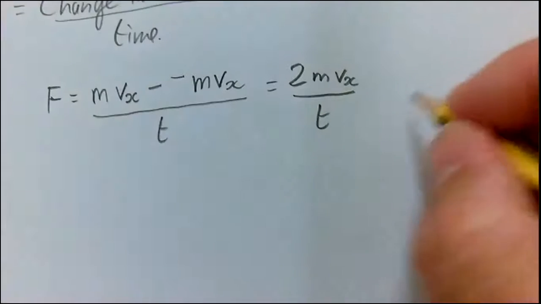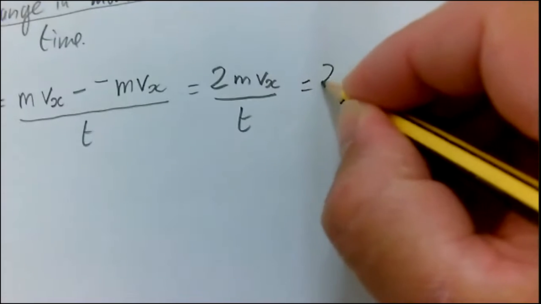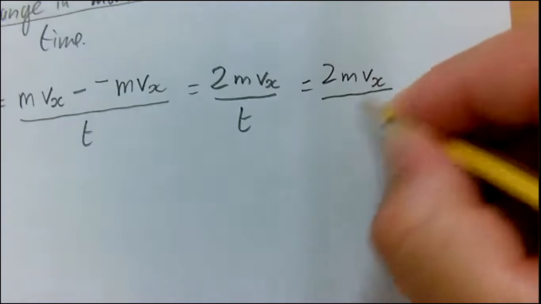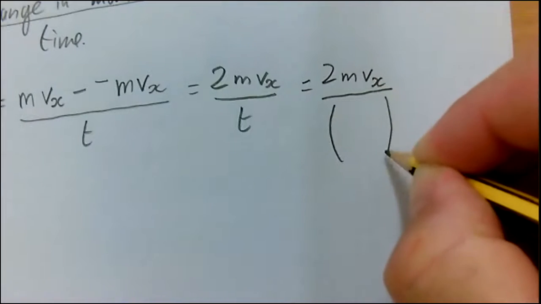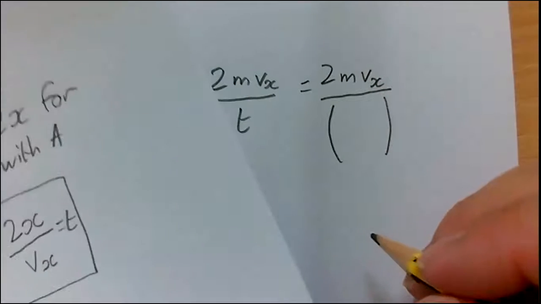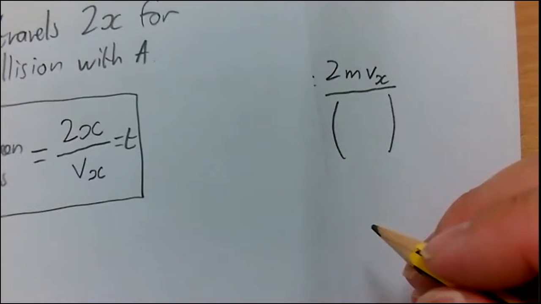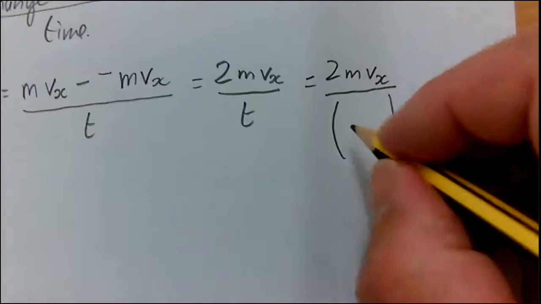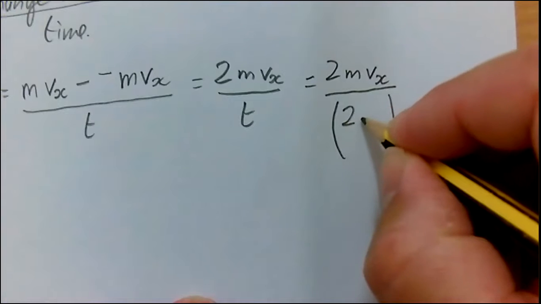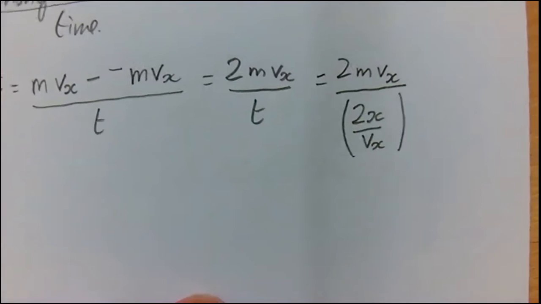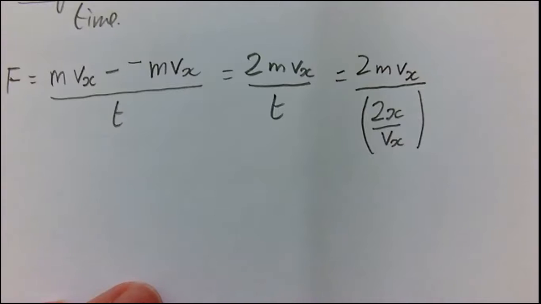So we end up with 2 times m Vx over, so the formula we had here, whoops, cluttered desk, is 2x over Vx. So it's going to be 2 times x over the velocity in the x direction. And all we then do is tidy it up.